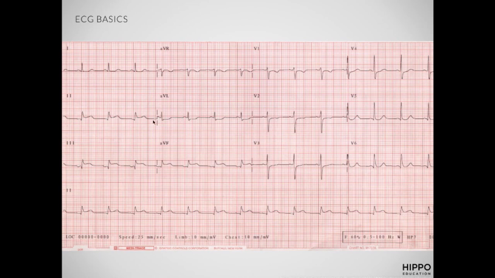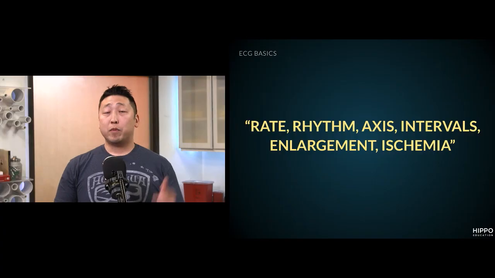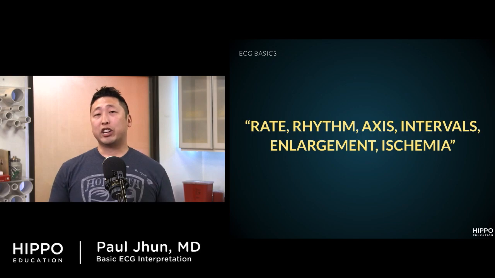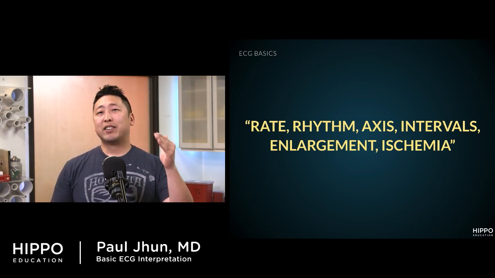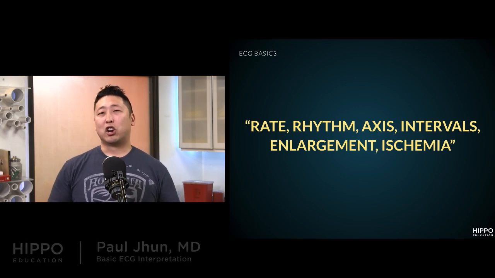And so in that mnemonic, it kind of makes sense: inferior ST elevations with reciprocal changes in the lateral leads. So this is inferior ST elevation with some possible lateral ST reciprocal depression. So remember, the next time that you review and interpret an ECG, just remember rate, rhythm, axis, intervals, enlargement, and ischemia.